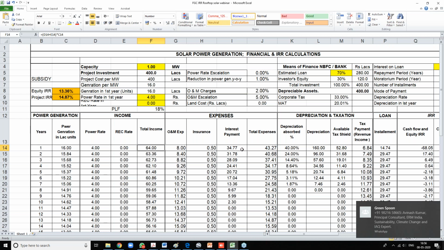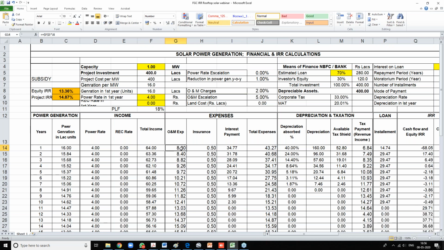The expenses are not only the O&M expenses, but also the interest expenses in your solar project. So how does the interest come? Whatever is your debt component. Let us say you have taken a debt of 280 lakh. Your interest payment is about 34 lakh rupees based on the debt you have taken, and it is on a reducing balance basis.